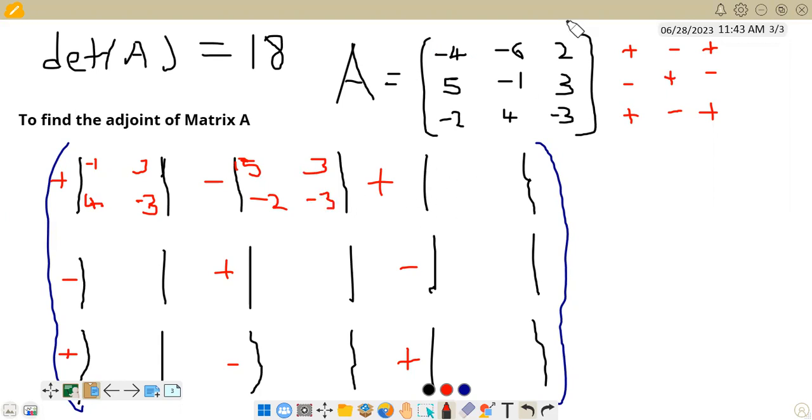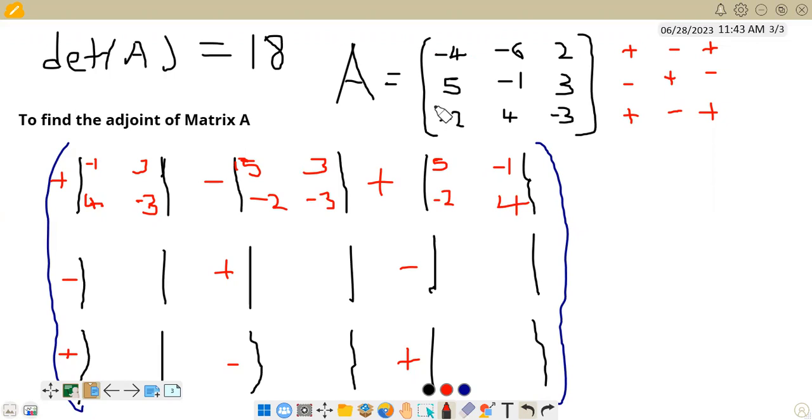Yeah, ndeti kabwera uku mbali imeneyi. What we have is row 1, column 3. That we are remaining with 5, negative 1, negative 2, 4. So we have 5, negative 1, negative 2, 4.